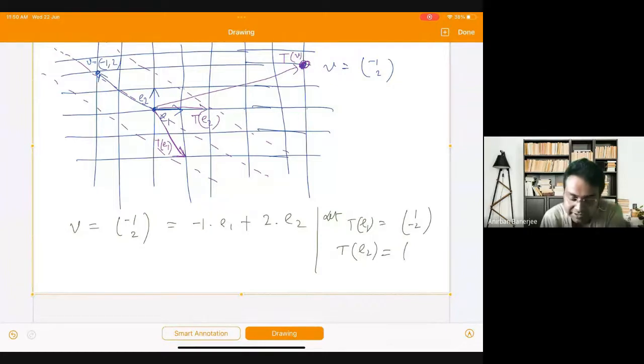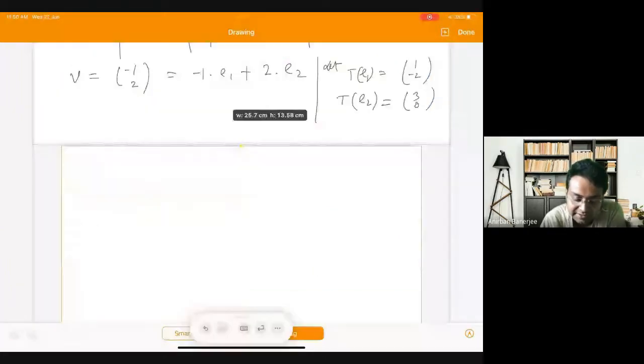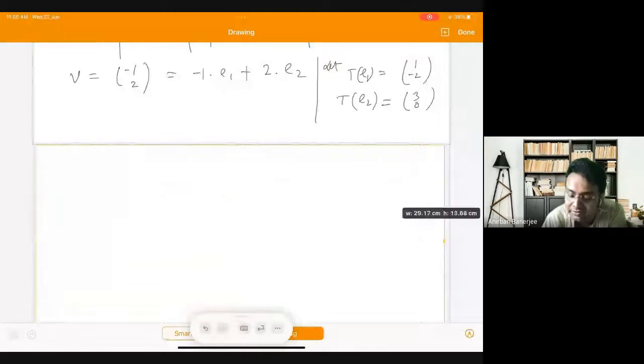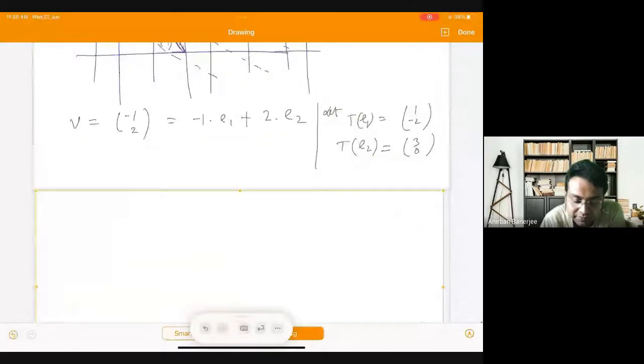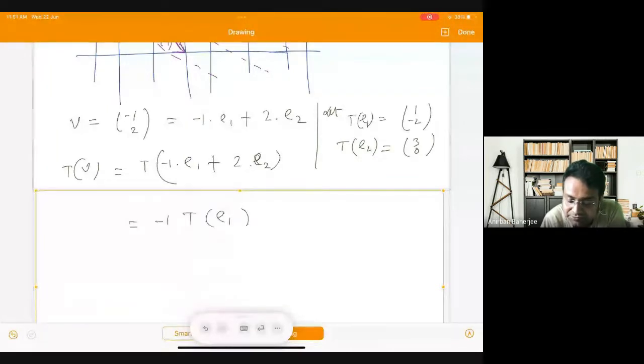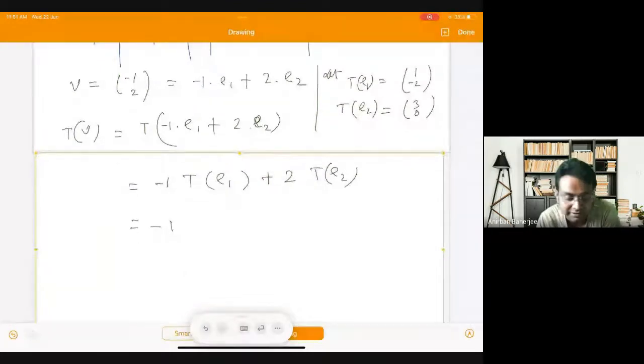So mathematically, if we apply this linear transformation T on v, and since T is linear, we can write it in this way. So now we apply the coordinates of these vectors.